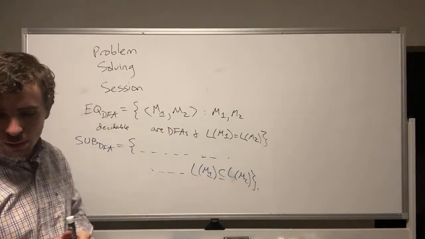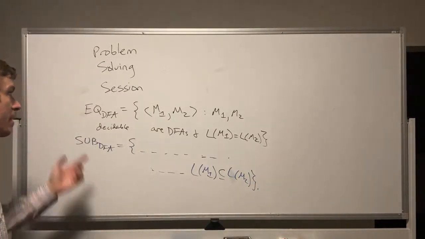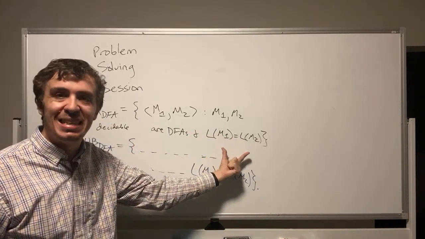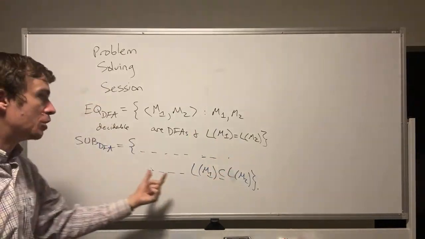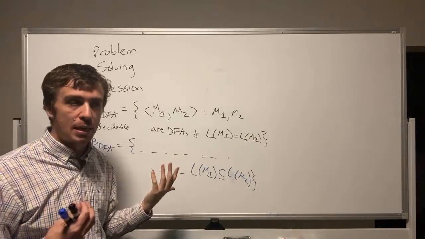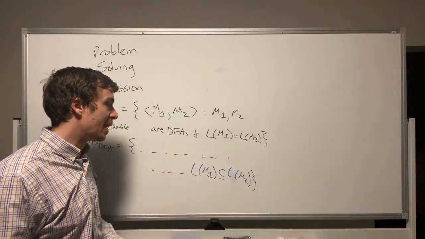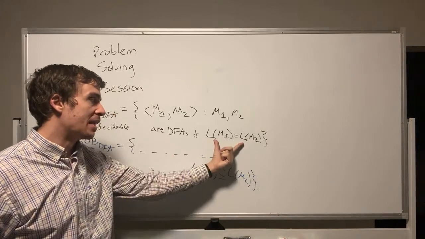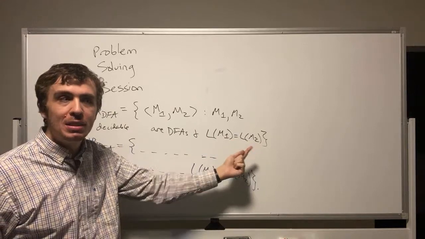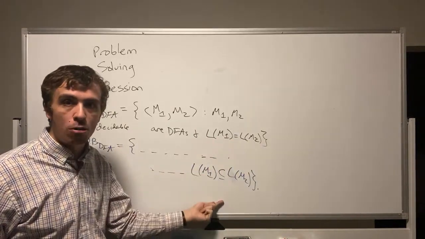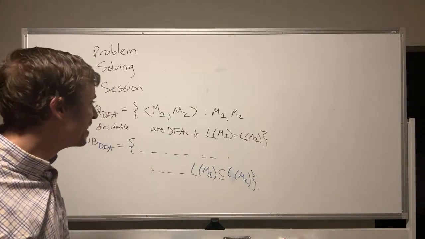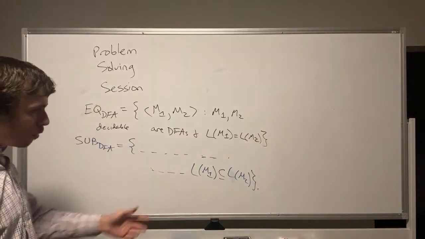So it's not identical to the equivalence problem, because the equivalence problem says whether the languages are identically the same, whereas the sub-problem just says, is the one a subset of the other one? And that's a looser question to answer, whereas this is strict. So if M1 has 1 fewer string than M2 does, then the answer for equivalence would be no, but here would be yes.